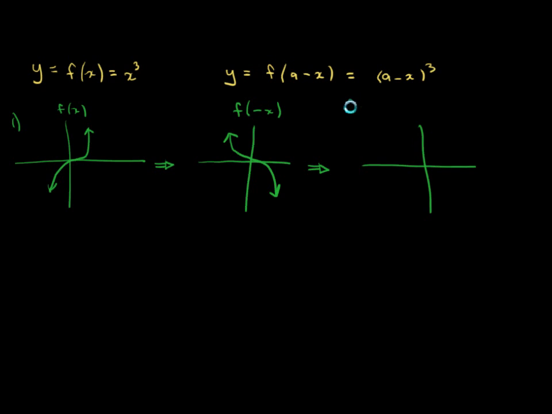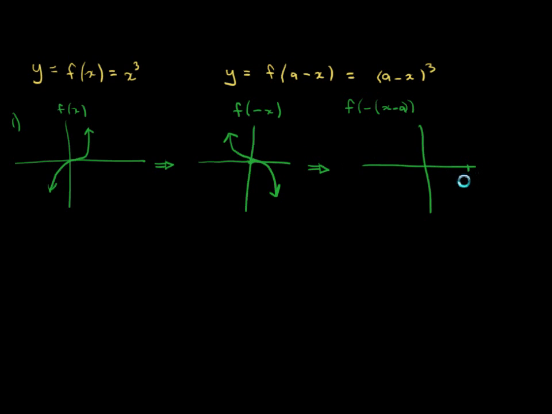On this graph I'm going to have f of minus, and I'm going to replace x by x minus a. If I replace x by x minus a, that shifts the graph to the right a units, if a is greater than 0. Every point gets shifted to the right, so a good point to look at is the root through the origin.